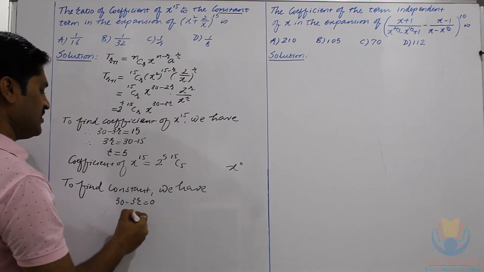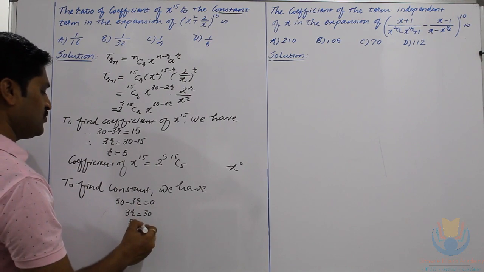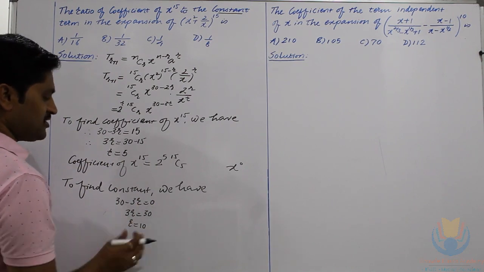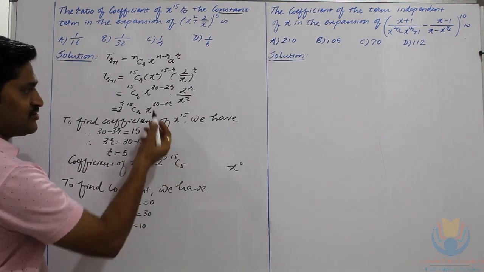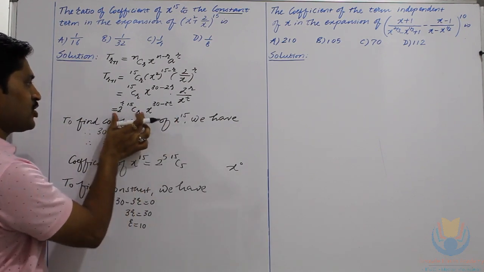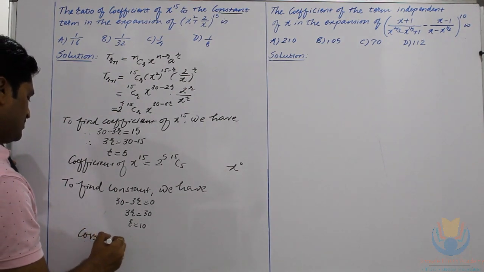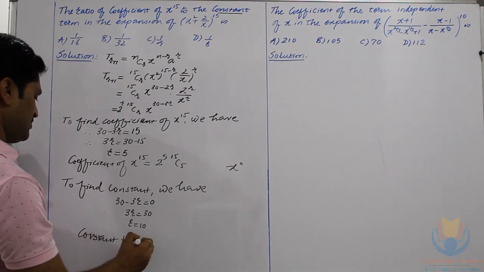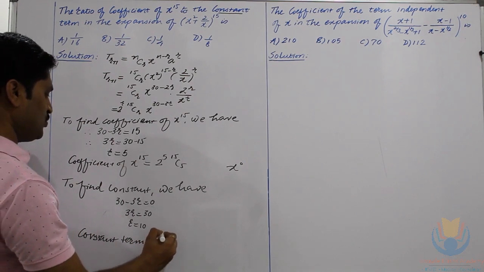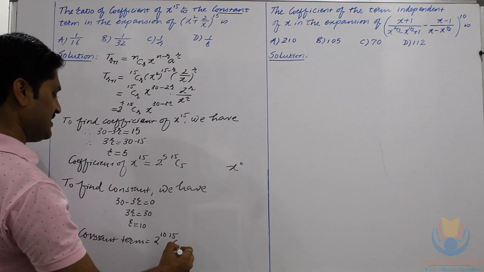Therefore 3r is equal to 30, and therefore r is going to be equal to 10. That means when I put r equal to 10, this part will become x raised to 0, so this is going to be the constant term. Therefore the constant term is going to be equal to 2 raised to 10 and 15C10.